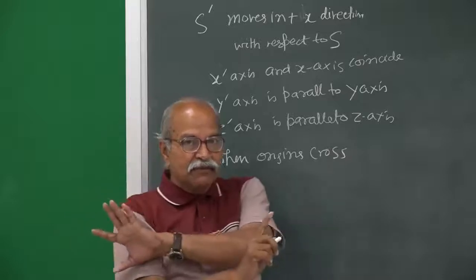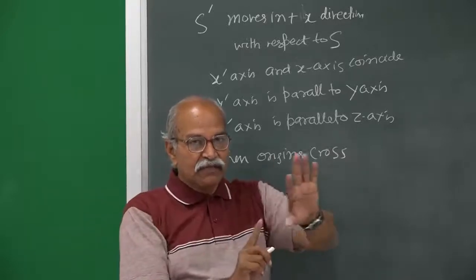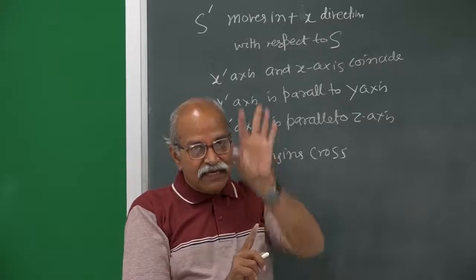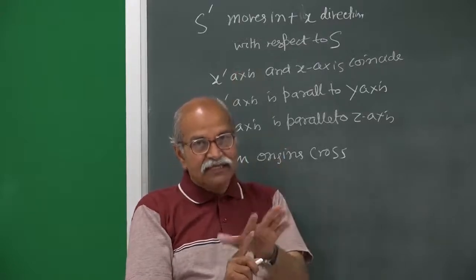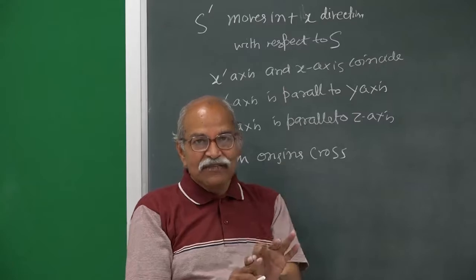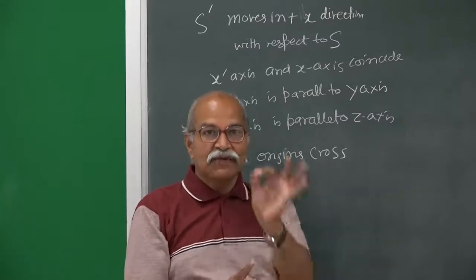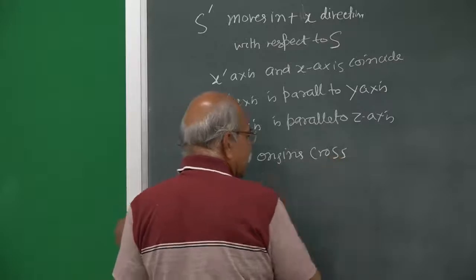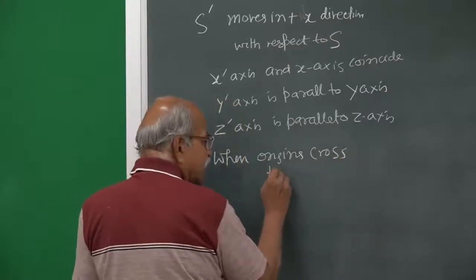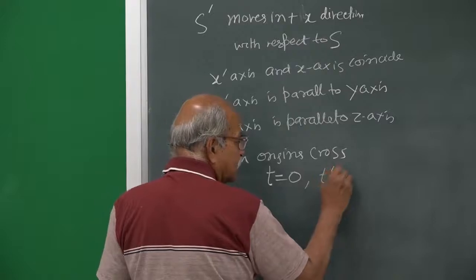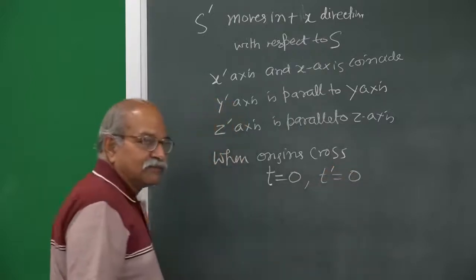S prime is coming from one side and moving with respect to S. So at some instant the y axis coincides with the y prime axis, the z axis coincides with the z prime axis, and the origin O prime coincides with origin O, just for one instant. That event will be read as t equal to 0 in S and t prime equal to 0 in S prime.